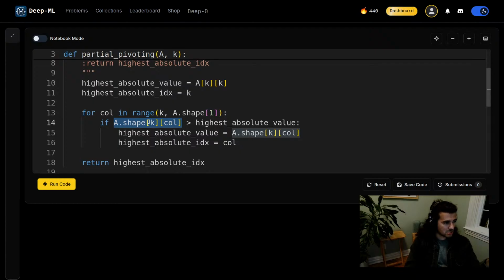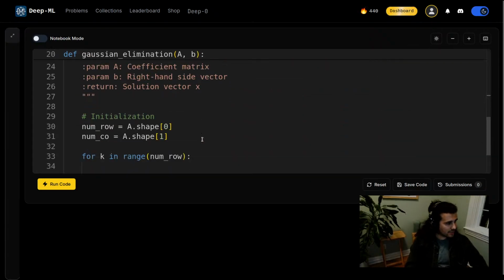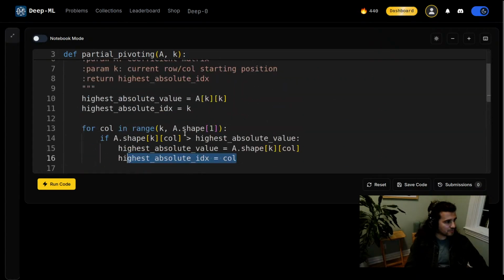The k doesn't change, right? For this column, sorry, at this row, and that column. And I will check if this is bigger than the highest absolute value. If it is, then I will say the highest absolute value is this, and the highest absolute IDX is this. Then what I do, I'm gonna actually do the swapping.